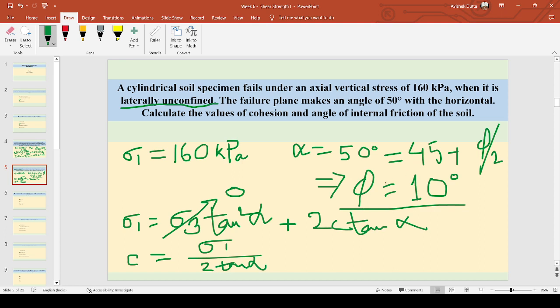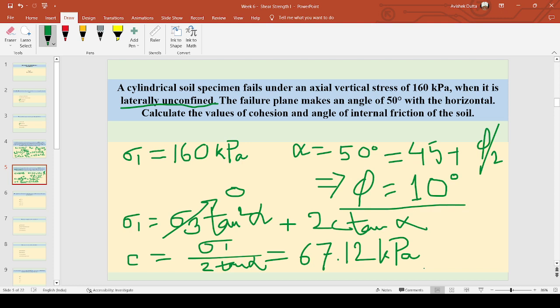And that will give us a value of 67.12 kilopascal. Sigma 1 value is given, alpha is given.